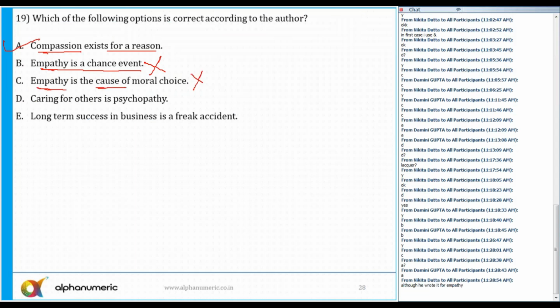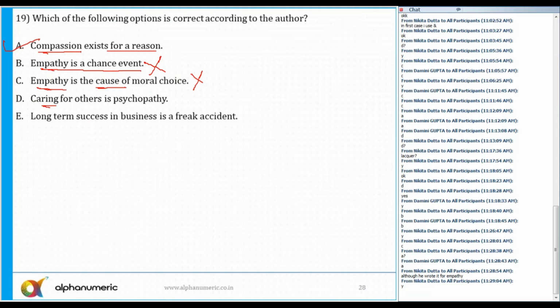No, moral choice is the cause. Empathy and compassion are feelings which exist for a reason. I think this is the best one. Caring for others is a psychopathy? No. Long-term success in business is a freak accident? No. So if you analyze all these options, B to E don't make sense. The only possible answer is A.